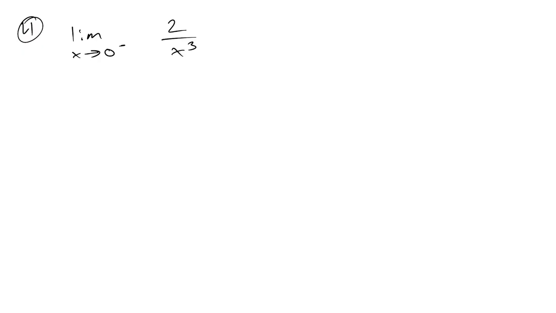So as x approaches 0 from the left, x cubed is going to be a small negative number, since the smallest number we can have is negative 0.000001. It's still a negative number though. So essentially we have 2 over a small negative, which is going to give us negative infinity.